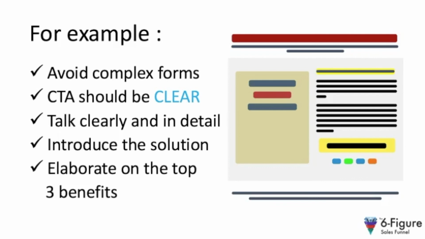Call to action buttons should be, shall we say, stupidly clear. In other words, you just can't miss them. And finally, you need to talk clearly in your copy. Don't try to be clever, just be clear about what the problem is that your offer addresses, talk about it in detail, then introduce and state the solution and elaborate on the top 3 benefits.